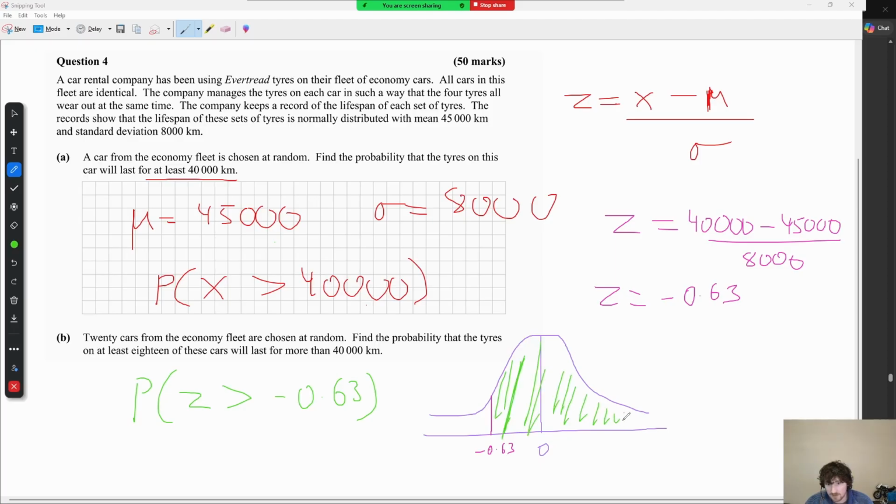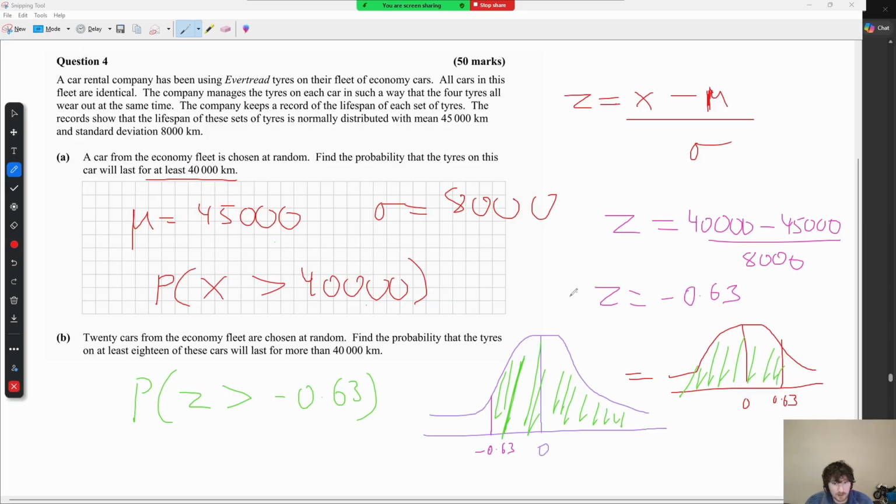Now the problem is the formula tables do not tell us what's above a negative z-score. But because everything is symmetrical, what's above minus 0.63 is the same as what's below plus 0.63. So the area below that z-score, those green areas are the same.